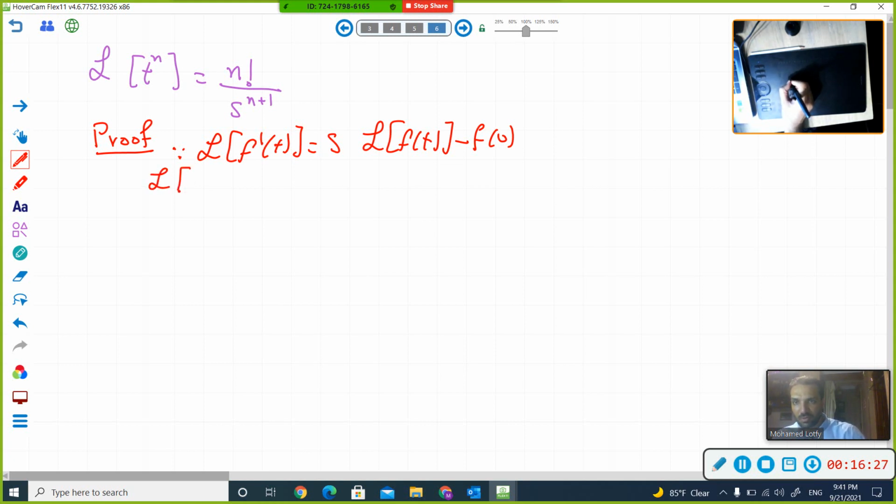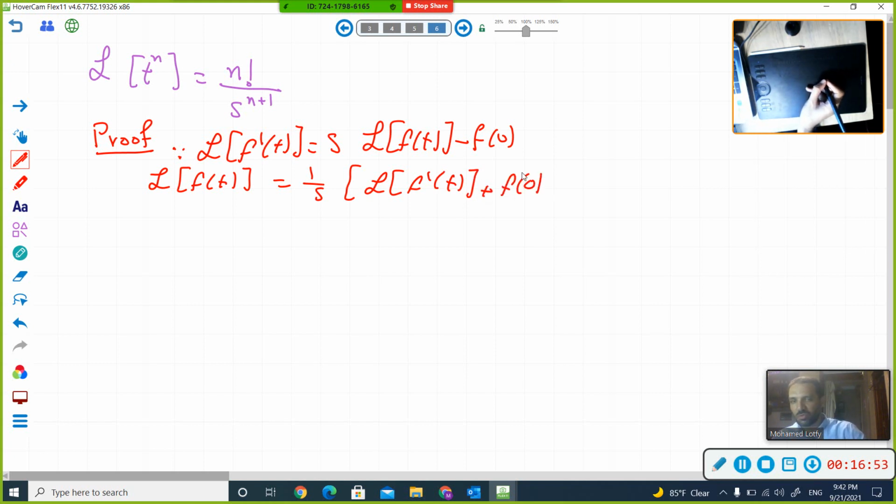We will change the sign of f of 0 and divide by s. So it is 1 over s times the Laplace transform of f dash of t, the derivative, plus f of 0.